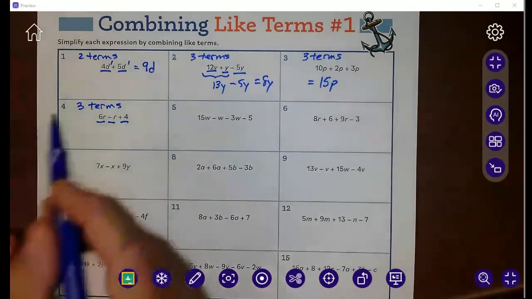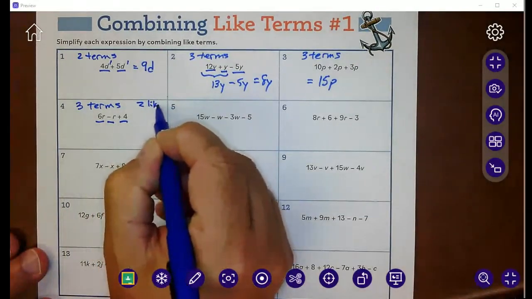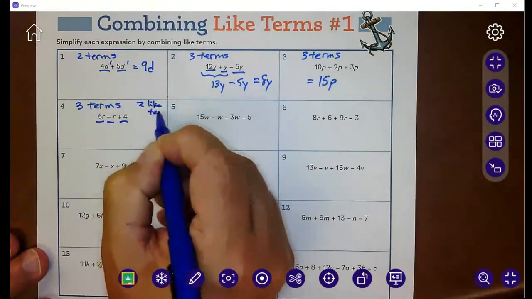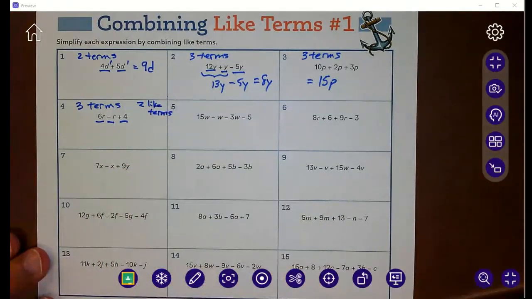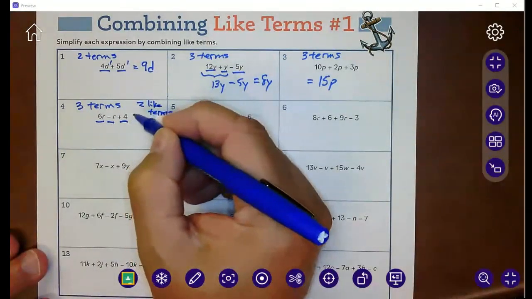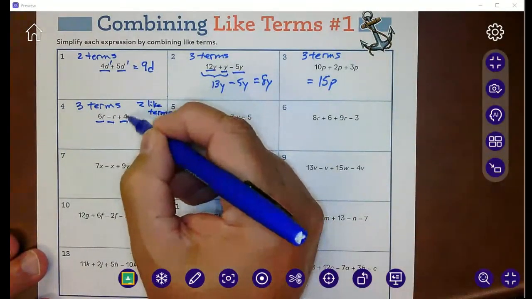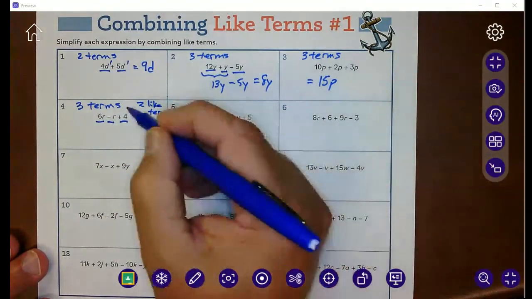But we only have 2 sets of like terms. 6r and negative r are like terms because they have the same variable to the same power. But 4 doesn't have an r, so I can't put that 4 with the 6 and the negative 1.